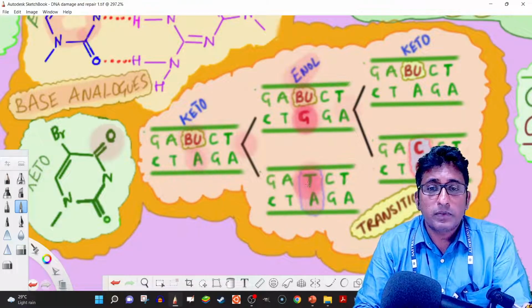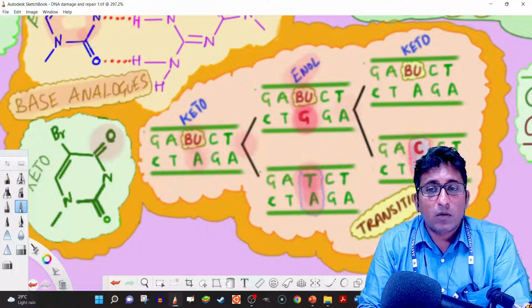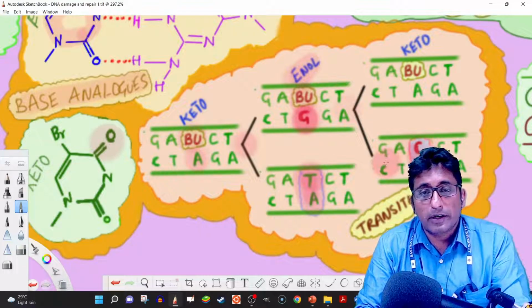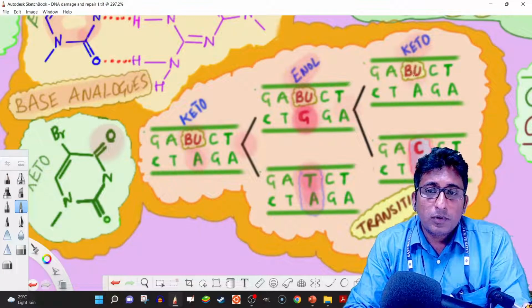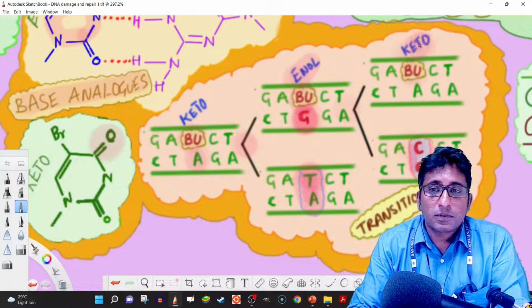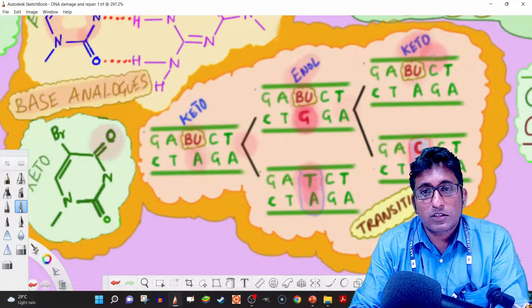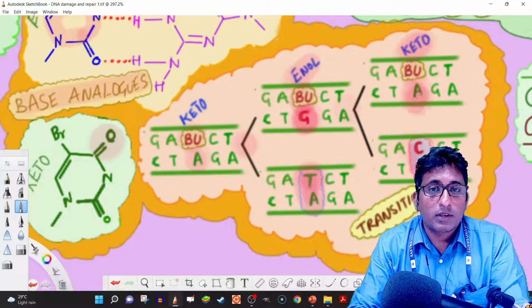What was supposed to be a TA is now a CG, that is again a transition mutation. And in the bromouridine here, for illustration purposes, we assume that it is a keto form, and in that case it will base pair with adenine.